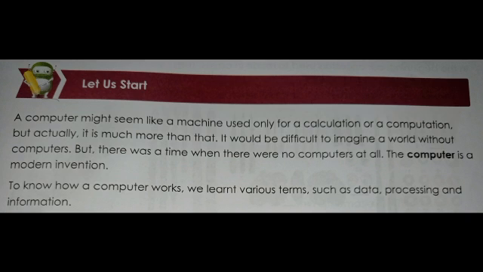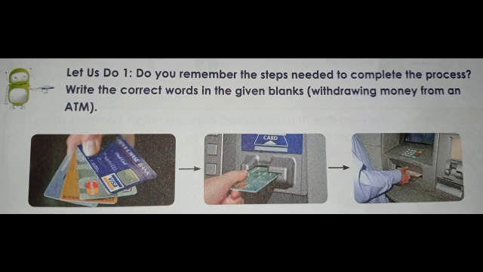The computer is a modern invention. To know how a computer works, we learnt various terms such as data, processing and information. Let us do one. Do you remember the steps needed to complete the process?